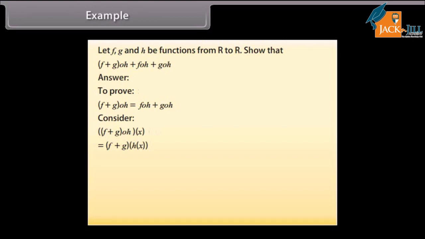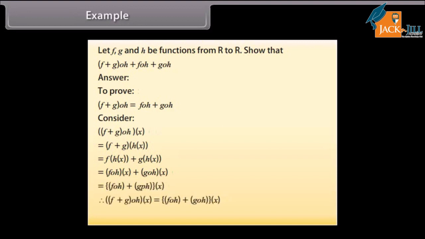On solving, we get f plus g of h is equal to f of h plus g of h. Hence proved.